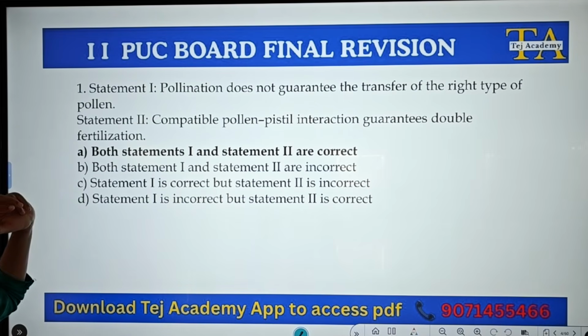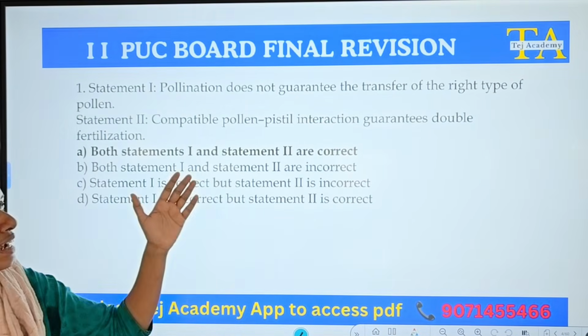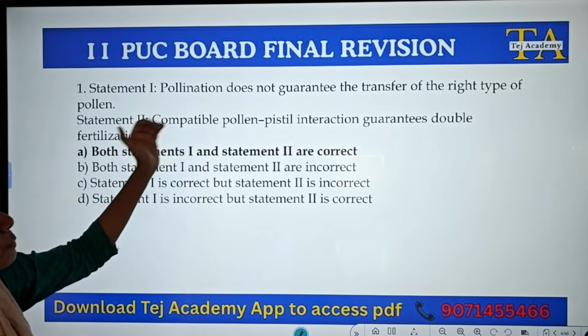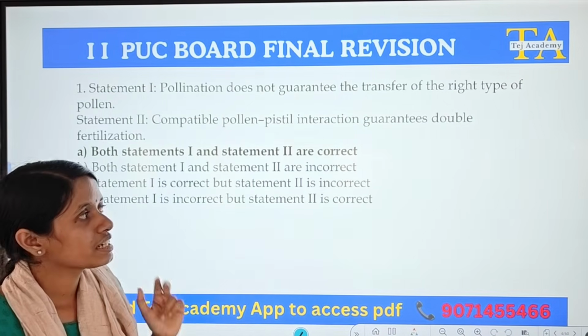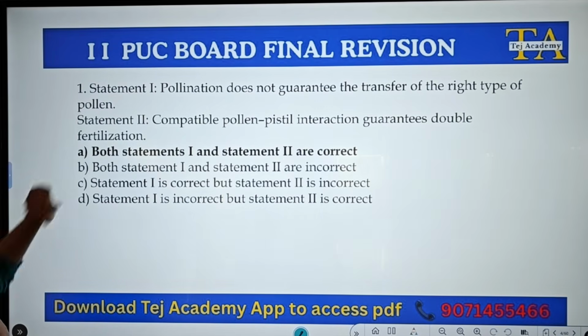There are two statements given. The first statement is pollination does not guarantee the transfer of the right type of pollen. And the second statement is compatible pollen pistil interaction guarantees double fertilization. So both of these statements are correct.